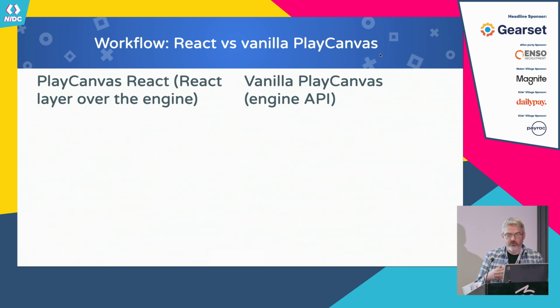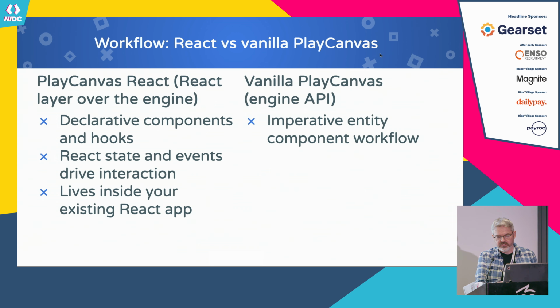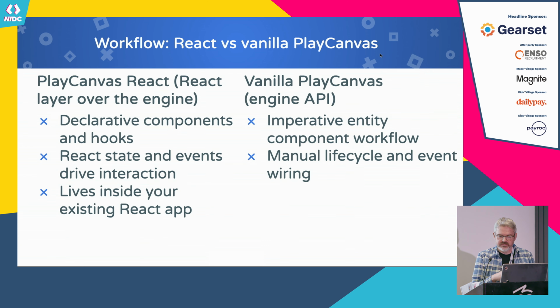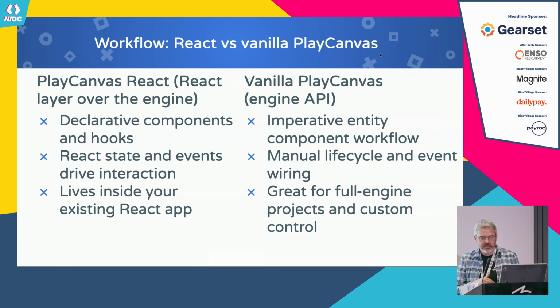With the React one, you get the declarative components and hooks, state and events interaction, and it lives inside your existing React app. With PlayCanvas, it's an imperative, entity component workflow with manual lifecycle, so you don't have the lifecycles that you would have in React, you'll have to specifically code them. And it's a great full engine for projects and custom control.